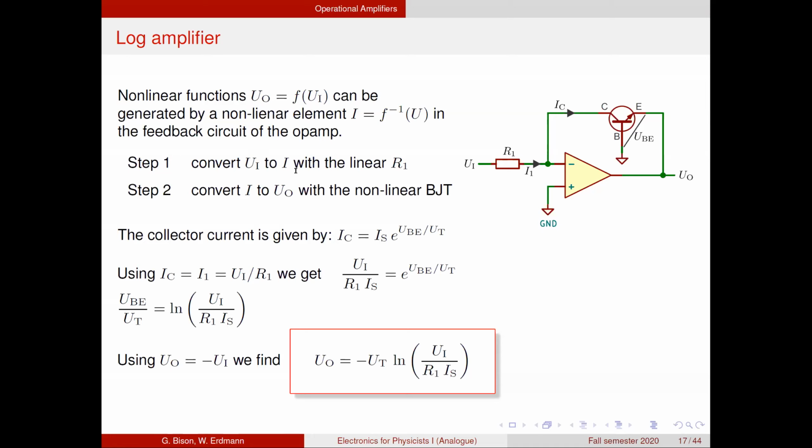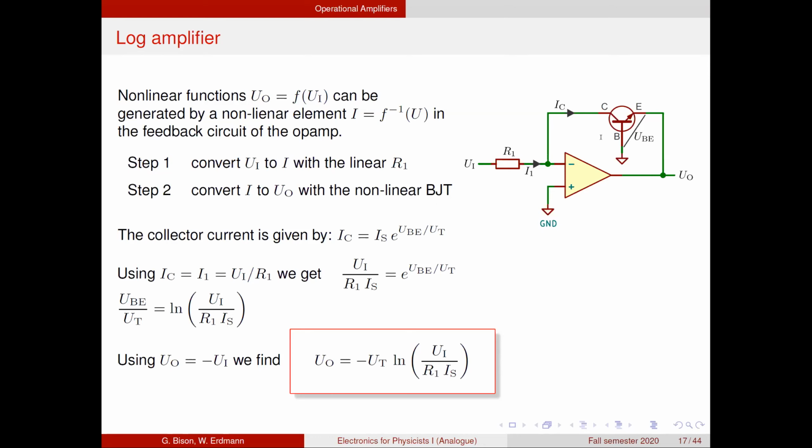This is simply done by this resistor. And in the second step, we convert the output voltage to a current using a nonlinear bipolar junction transistor. And then the amplifier takes care to make these 2 currents equal, as we've seen already with the inverting amplifier.